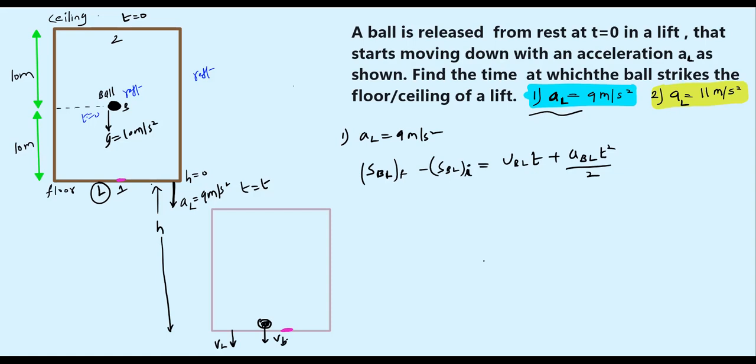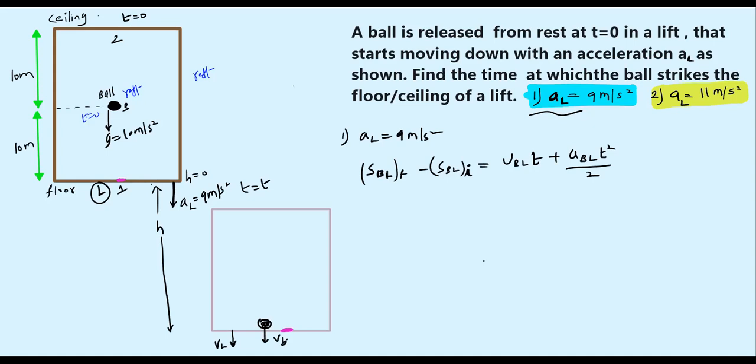Then what is the final position? What do you mean by SBL? Position of the ball with respect to floor of the lift finally at time t. What do you mean by SBLI? Position of the ball with respect to floor initially. So how do you write SBL? It should be like SBF minus. So we are going to write this.